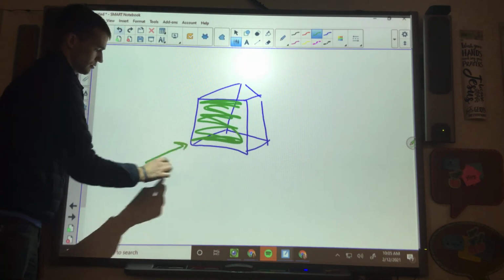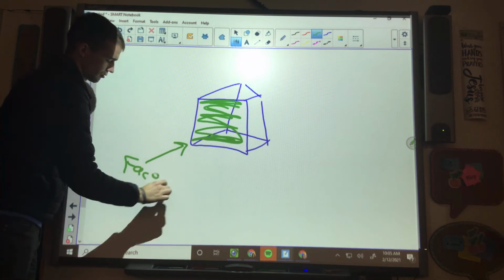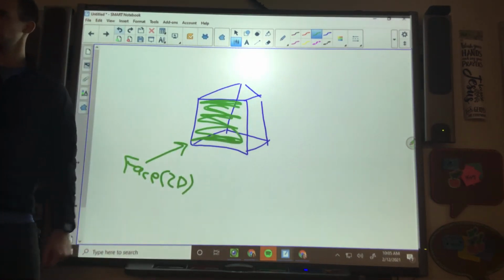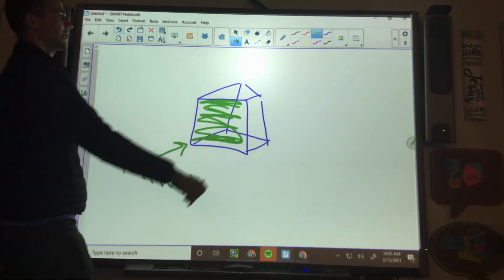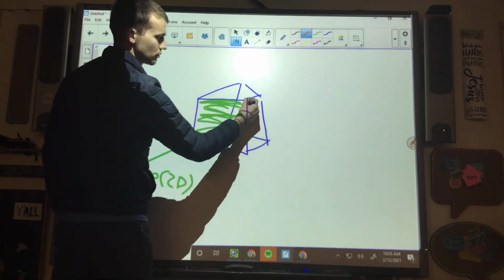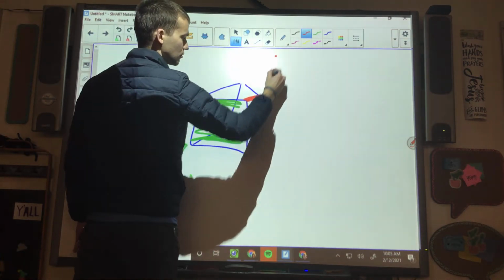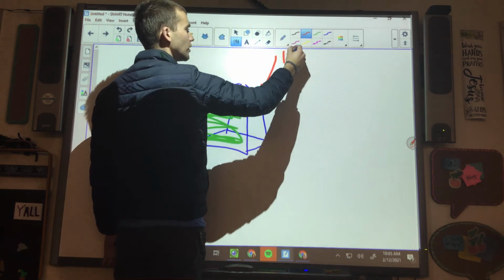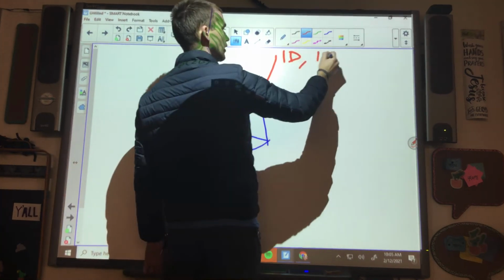And a face is two-dimensional. It's like a flat surface. An edge is 1D, and it is like a line.